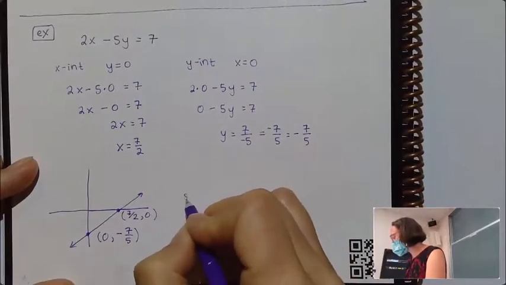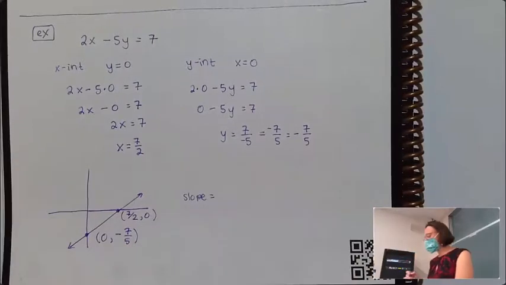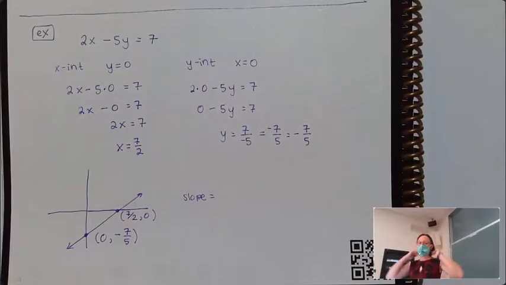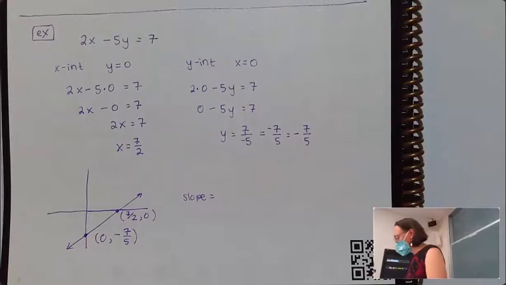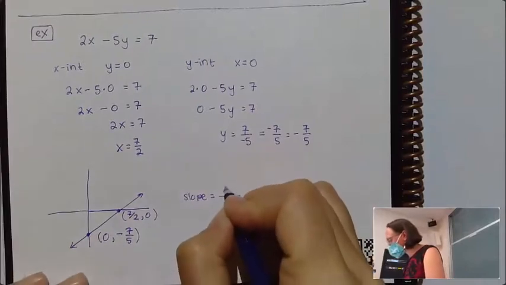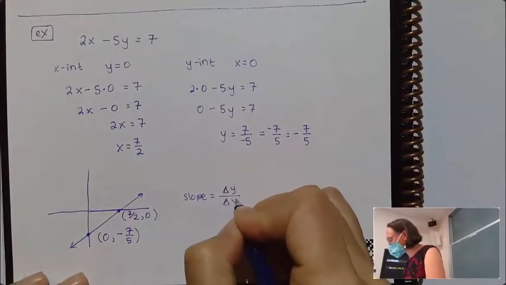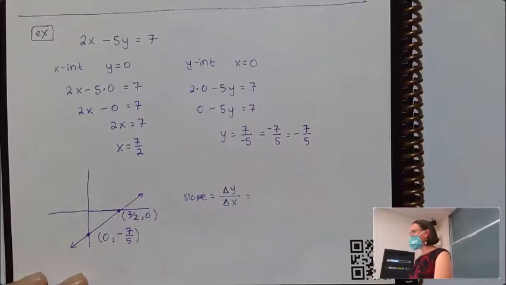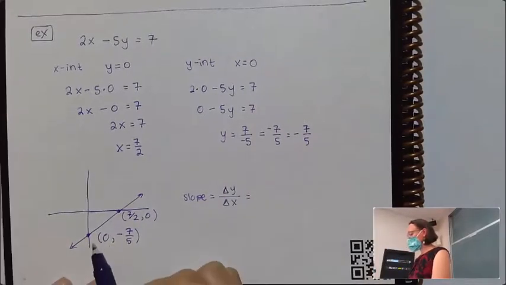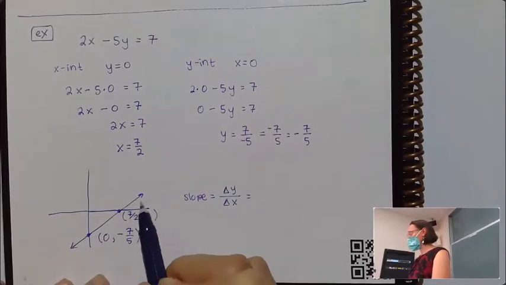And just for fun, if we wanted to find the slope, we do not need to in order to graph it. But if I wanted to find the slope just for practice, and I'm thinking about a change in y over a change in x, again, I'm going to choose that the point on the left is my first point and the point on the right is my second point.